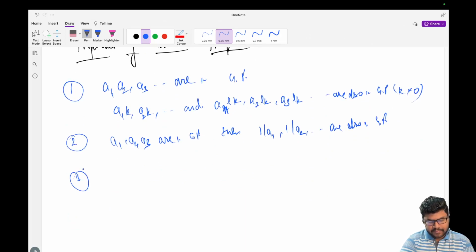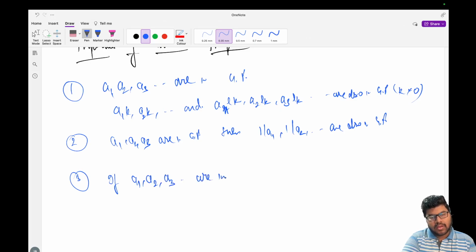Third property: if a1, a2, a3, look, these properties are somewhat similar to the properties of AP, right?